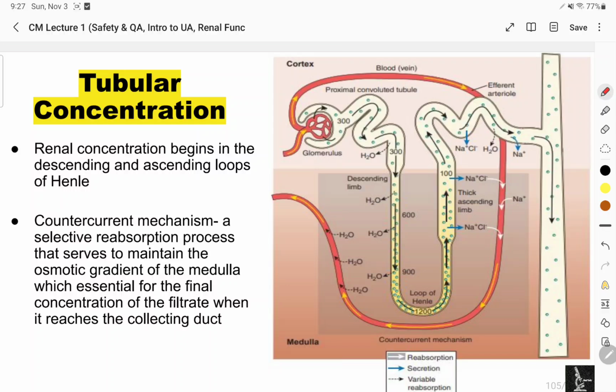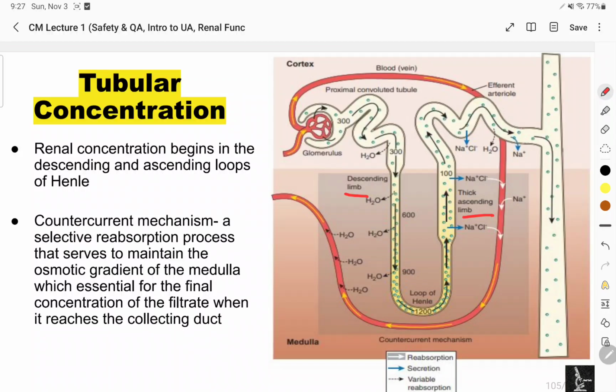So ato yung gina-ingon ganina, ang water is passively gina-reabsorb, and then dili ka makakita nga gi-reabsorb si water sa ascending loop of Henle and distal. Okay? So renal concentration, pag concentrate sa ato nga urine, magsugod siya sa descending and the ascending loops of Henle.